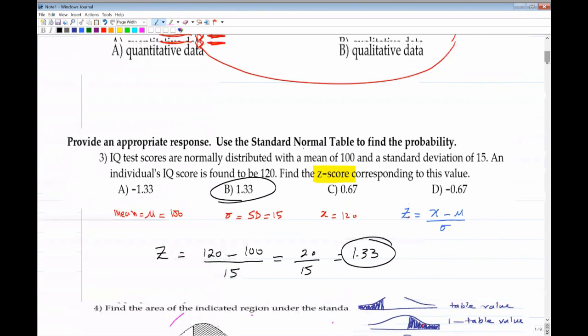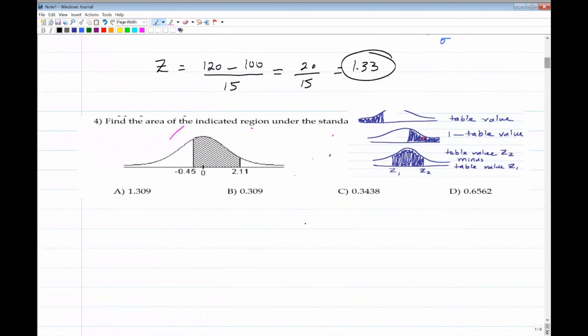The next one is dealing with the graph. So we're trying to find the area. Sometimes they ask find the area, find the probability, and so on. So when we deal with this problem, we need to understand how the shape works in finding the area. One of them is if the graph is colored to the left, that will be basically the table value, the way it's written inside the table.